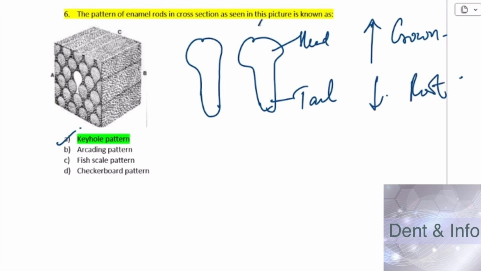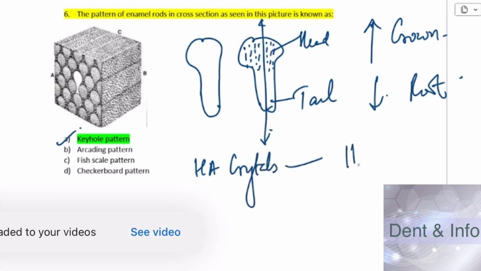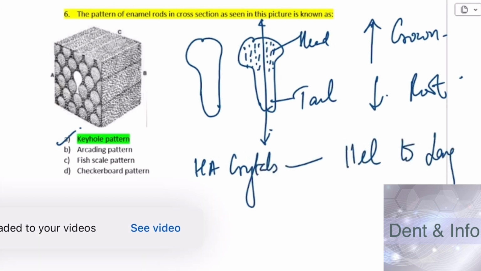One keyhole is one rod. So we say that this rod is filled up with hydroxyapatite crystals.